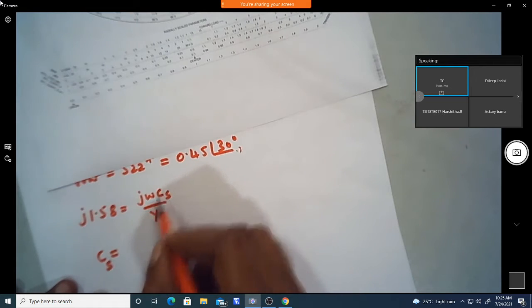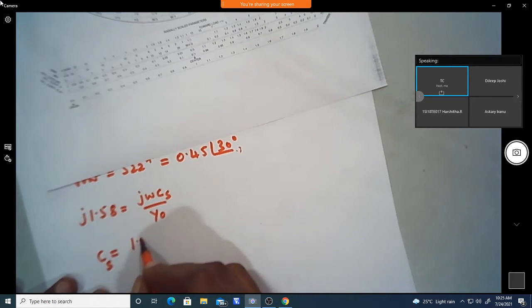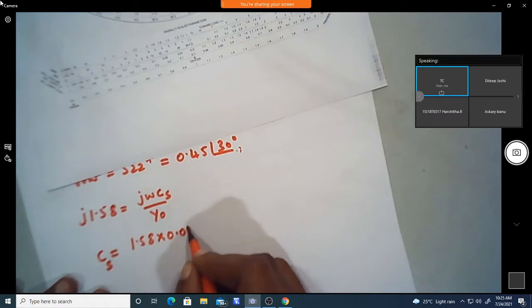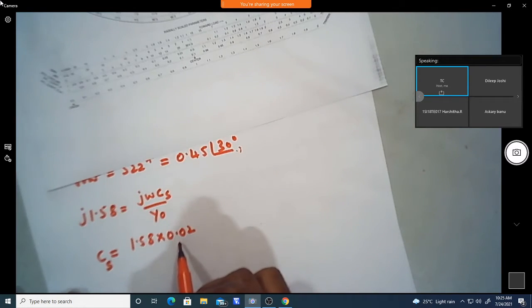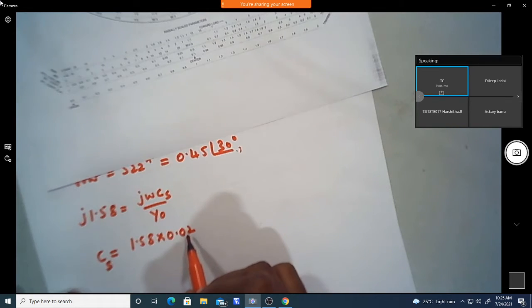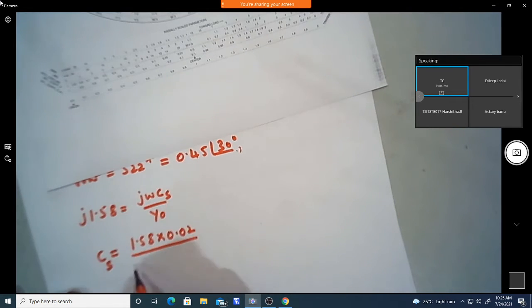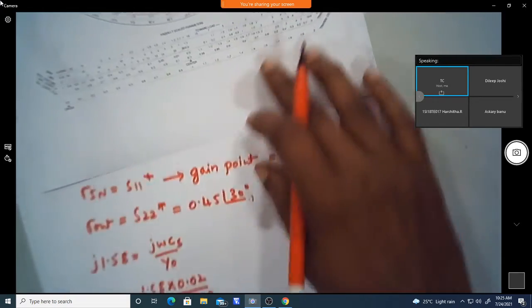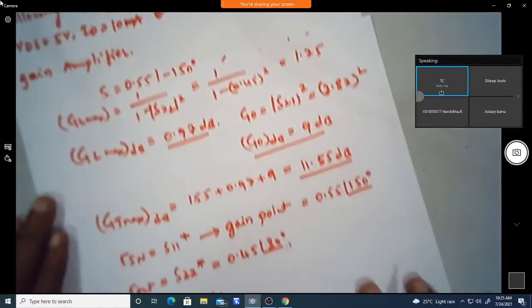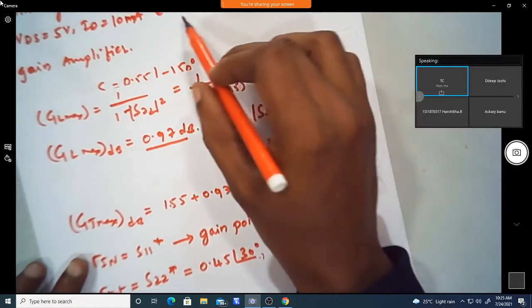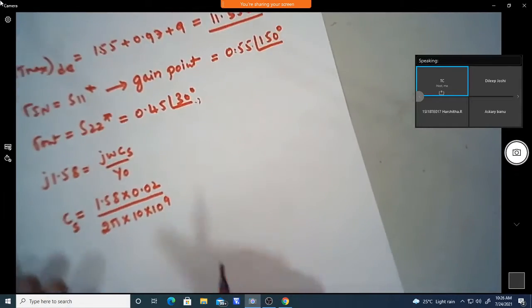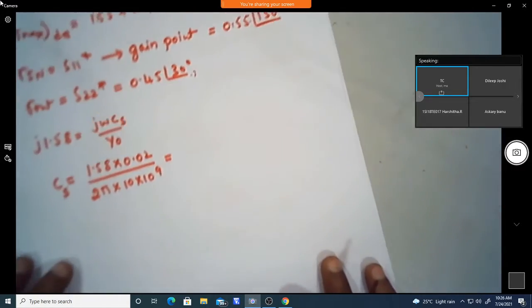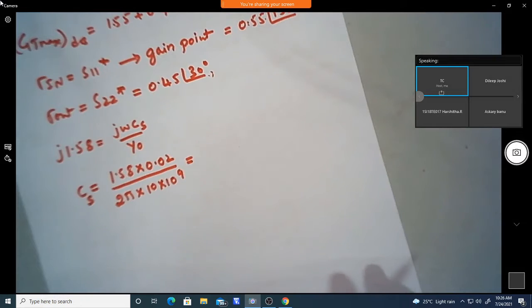So CS equals 1.58 into 0.02, because 1 over 50 is Y naught, which gives 0.02, divided by 2 pi into 10 into 10 power 9, because the problem specifies 10 gigahertz. So we need to take that 10 gigahertz. Now you need to calculate the CS value. What is the value?